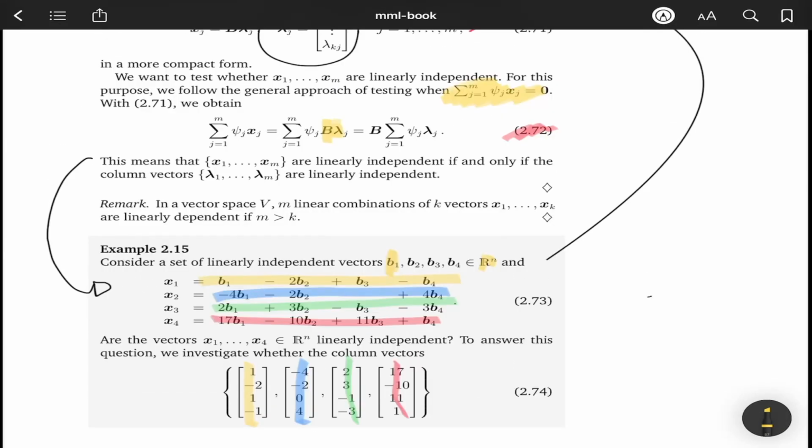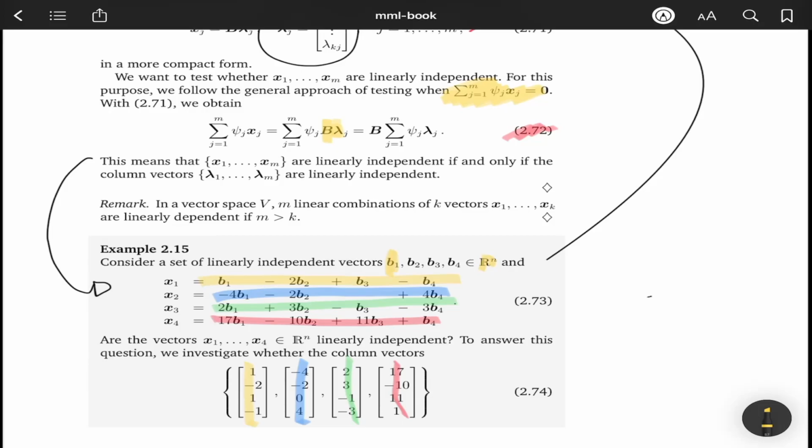Okay, so basically we learned that we can use Gaussian elimination to check if a set of linear combinations is linear independent or not. Given the first set is linear independent vectors, you can construct a set of new vectors. If the set of new vectors is bigger than the base vectors, then it is always dependent. So it has to match, in this case 4, 4.